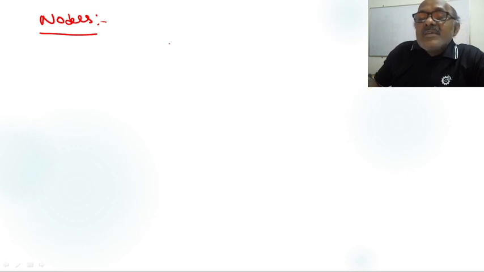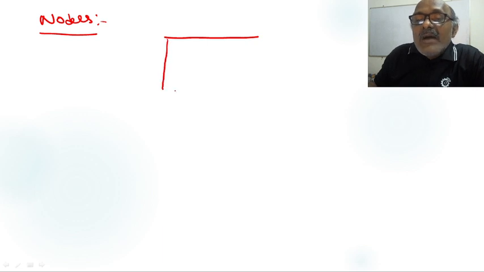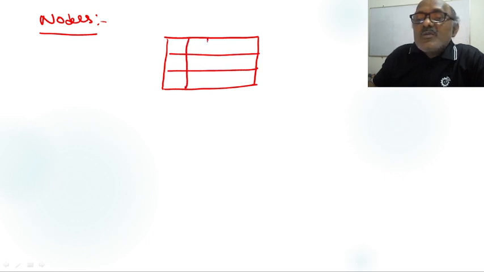So the next one is nodes. What are nodes, my dear students? What is meant by nodes? In a similar fashion, consider a domain or a structure. Now this domain is divided into small pieces.